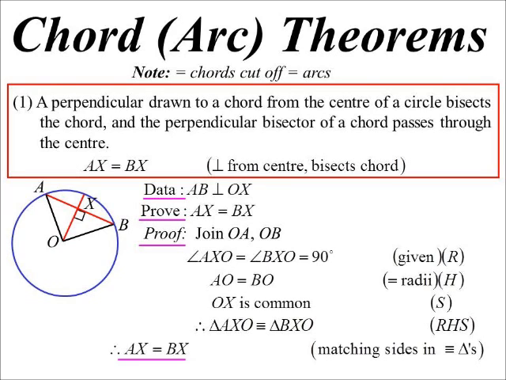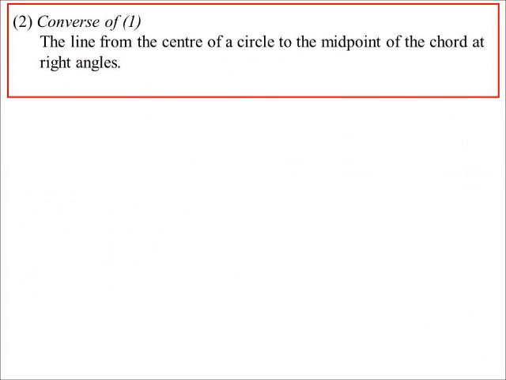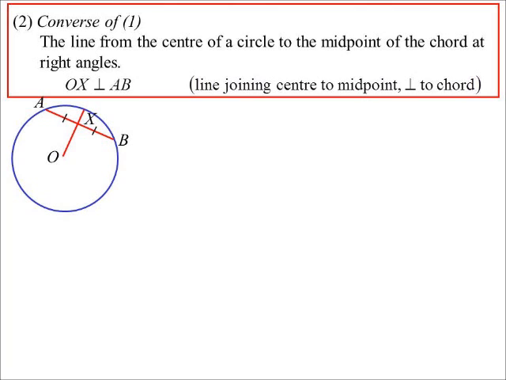So that's the first part. If we know that the line is coming perpendicular to the chord, then it's going to cut that chord in half. Now, the reverse, or the converse, of that is this one. Let me draw that shape up. Say it was the other way around. What I knew was that AX is equal to BX. Then I could say, therefore, those two lines must be perpendicular.